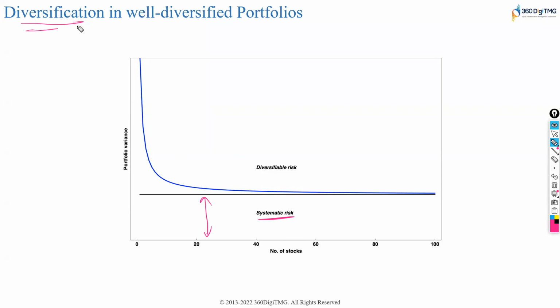By diversifying, that is, by investing your money in well diversified assets, the only thing you're reducing is the diversifiable risk, which can be reduced to some extent. If you keep on adding more and more assets, it will reduce. But systematic risk will not go away. It would still remain.